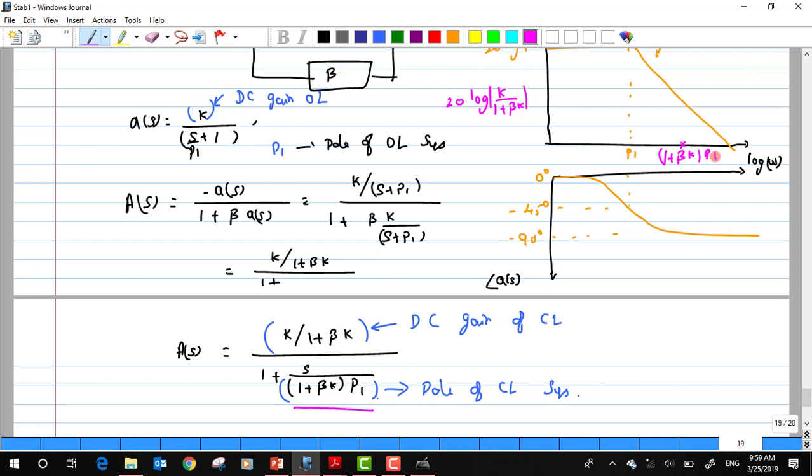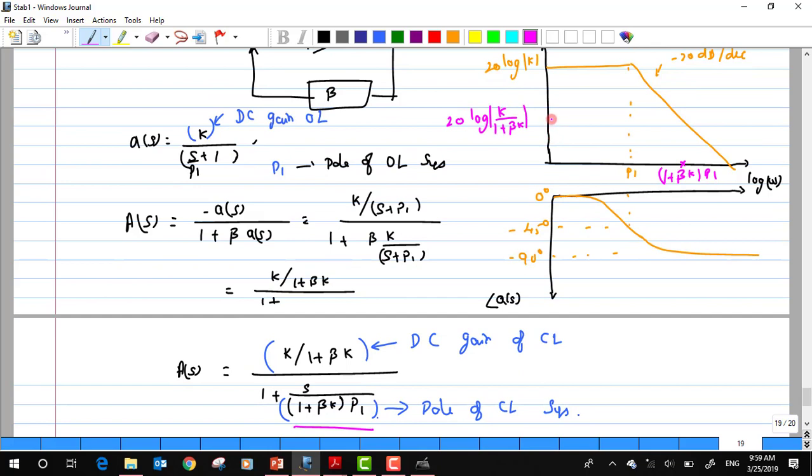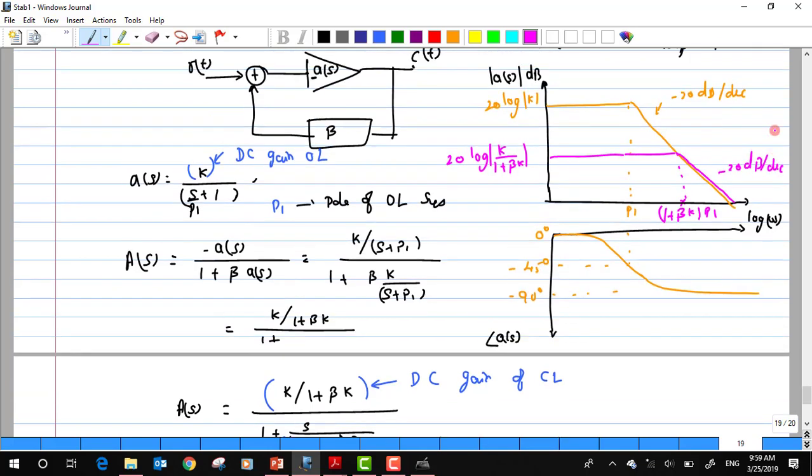Okay, and now when I try to draw the magnitude plot, I all the way go here, and after this I start following this minus 20 dB per decade. Okay, and this is what is happening to my closed loop magnitude plot.